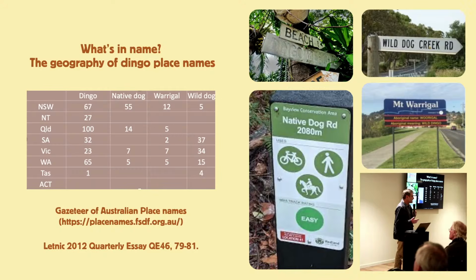So some of this has probably got to do with the language of the different colonies, remembering that they were colonies with their own dialects. And people, they didn't have dingoes in Victoria. They always had wild dogs. And again, native dog and warrigal are mainly in New South Wales.